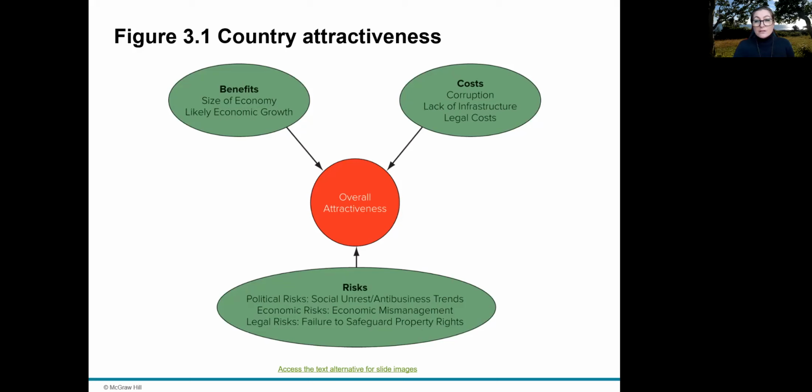We look at the costs, the level of corruption, the level of infrastructure or not, the legal costs, and we look at the risks. So what's the political risk? Is there social unrest? What's the economic risk? Is there economic mismanagement? What are the legal risks? How do they deal with property rights? And there you go. That is chapter 3 from Hill.